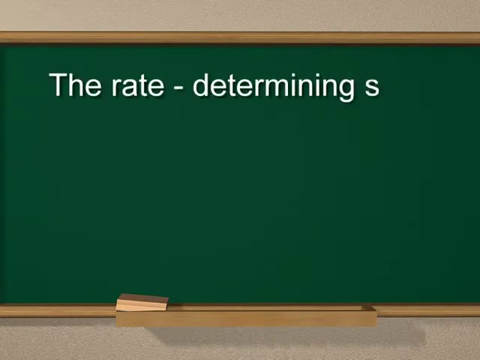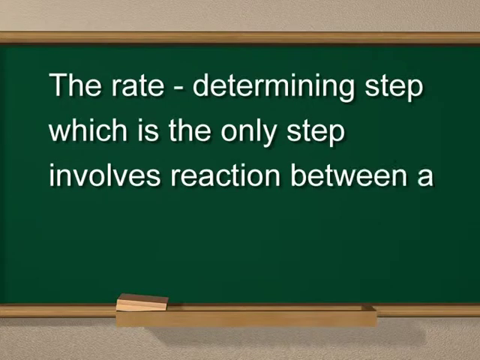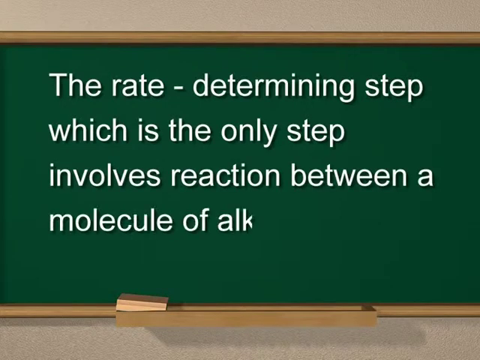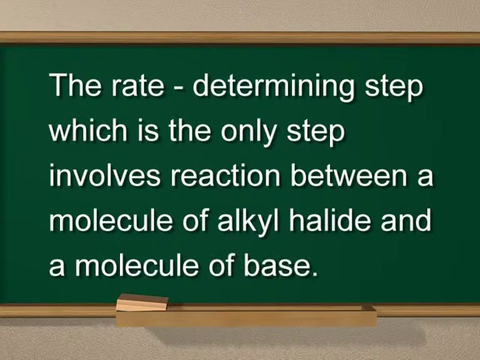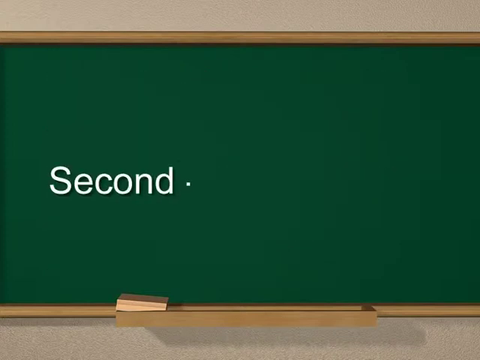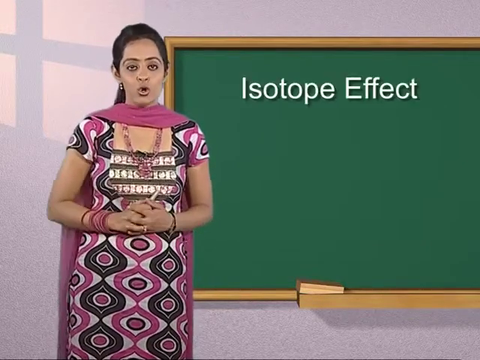The rate determining step, which is the only step, involves reaction between a molecule of alkyl halide and a molecule of base. This results in second order kinetics. Children, let us now learn about isotope effects.